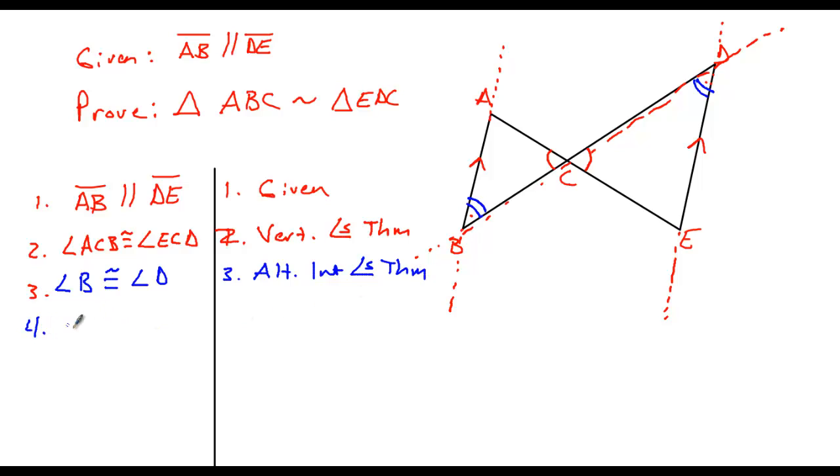And then my last line will say that triangle ABC is similar to triangle EDC, and the reason is I have an AA that's congruent to an AA in this triangle. So AA is my reason, and I'm done with the proof. So think about that. Think about any questions you have, write them down, and we'll talk about it tomorrow.